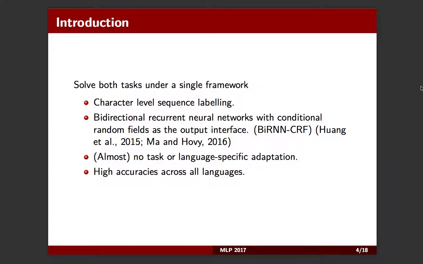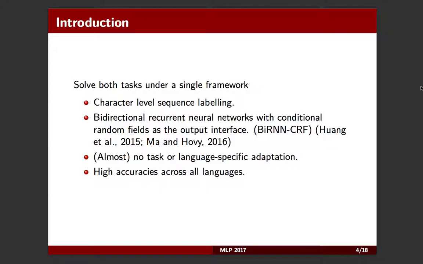So in this work, we try to solve both tasks under a single framework by regarding them as character-level sequence labeling. So we adopt the bidirectional recurrent neural networks with conditional random fields as the output interface. So this is a general sequence labeling model and has been applied to many different sequence labeling tasks and also achieves very good accuracy.